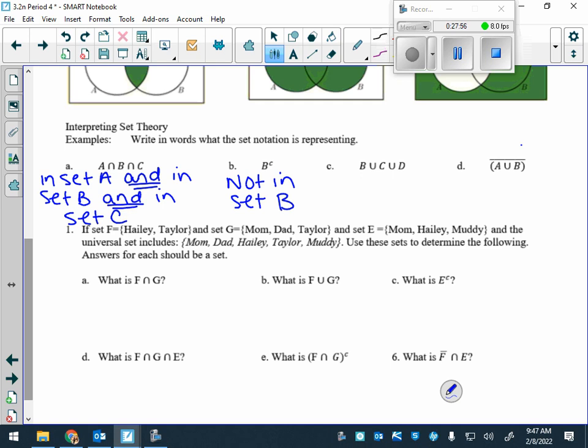The next one, in set B or set C or set D or in all three.